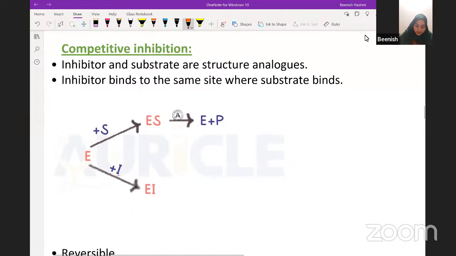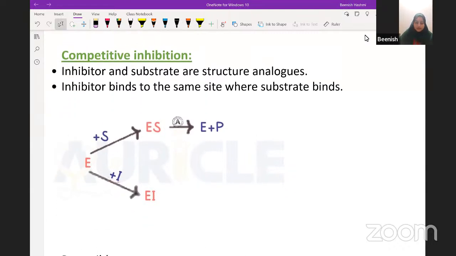So let's begin with competitive inhibition. Inhibitor and substrate are structural analogs of each other. So in competitive inhibition, your inhibitor and your substrate are structural analogs. They look similar when it comes to structure. For example, if your substrate looks something like this, like a triangle, your inhibitor is also going to look something like this.